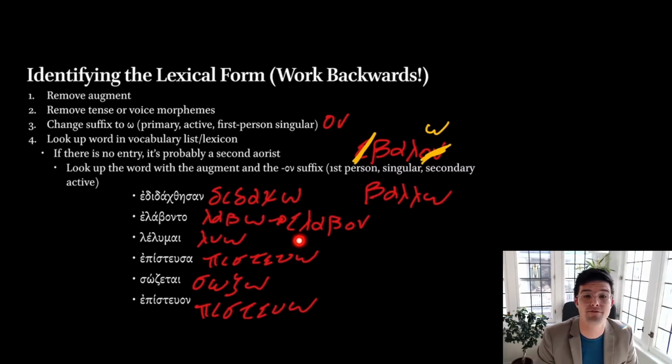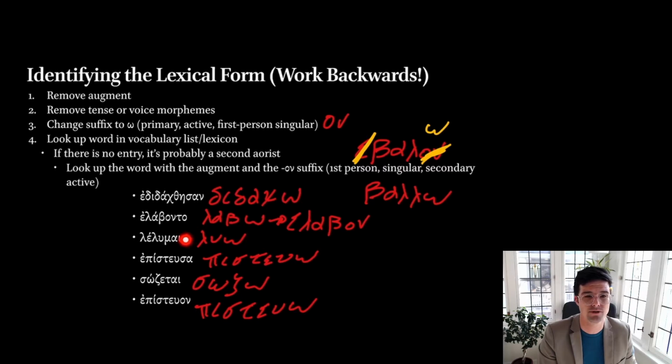And what you would find if you were to look this up in the vocabulary list or in a lexicon, and I should say here also that not all lexicons vary as to how many second aorist forms they put in them. But the vocabulary list in Black would certainly tell you that this is the second aorist form of lambano, which then would give you the verb that you're actually going to look up in the dictionary or in the vocabulary list.